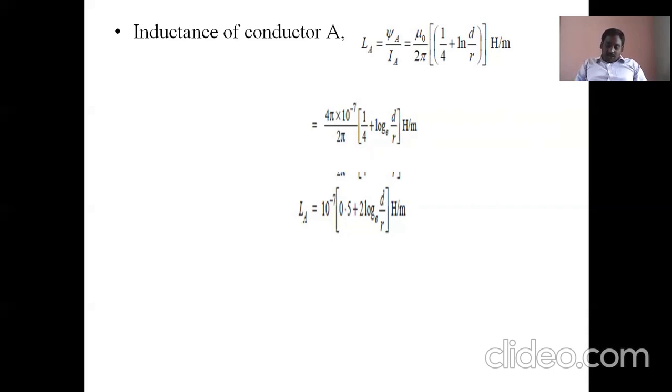So La is 2 into 10 to the power of minus 7; taking the 2 inside the bracket, 2 by 4 means 1/2, plus 2 log e d by r. So 10 to the power of minus 7 times 0.5 plus 2 log e d by r. This is the inductance of conductor A here.